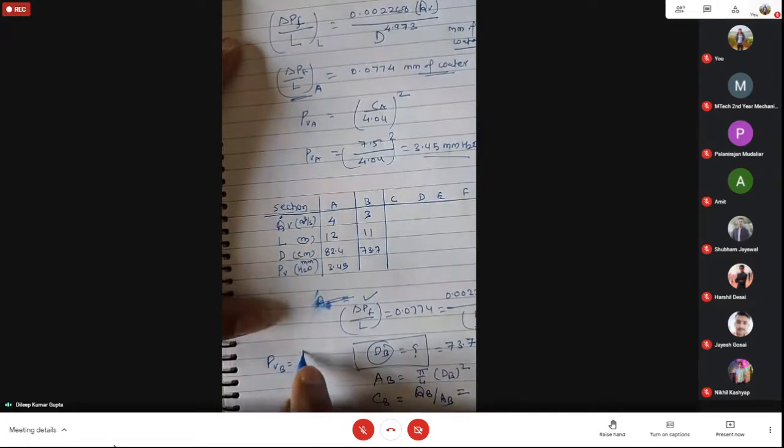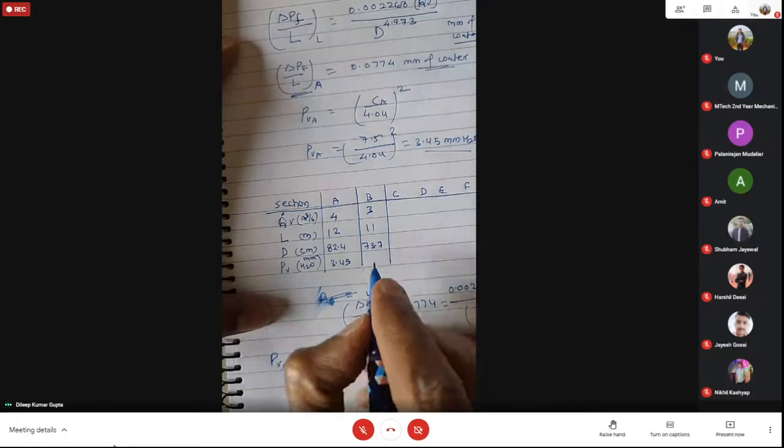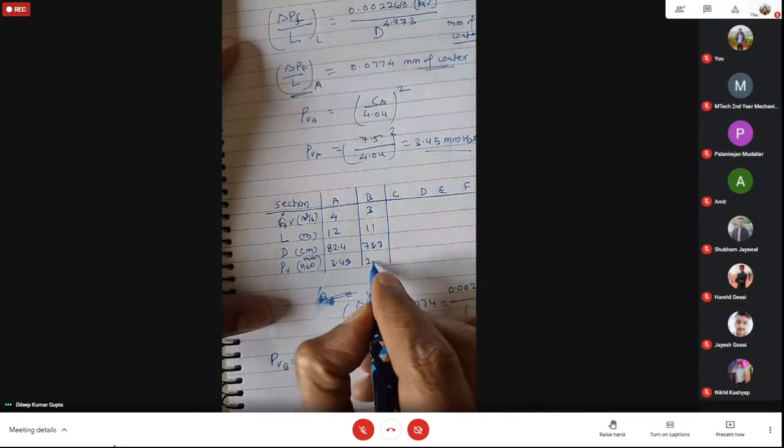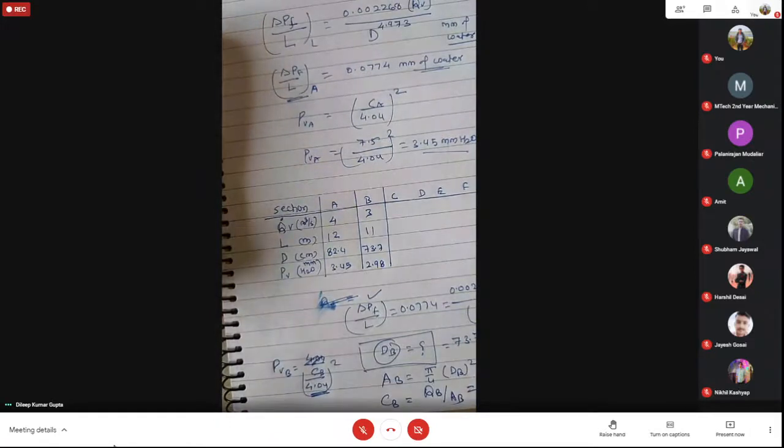And this PVB is equal to (C divided by 4.04) raised to power 2. So CB is known to you. You can find out the value of PVB, and that is coming 2.98 here. Is there any doubt up to this?